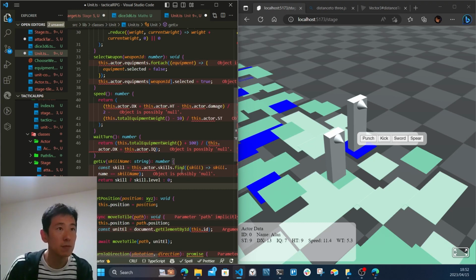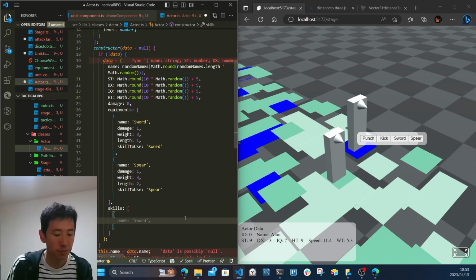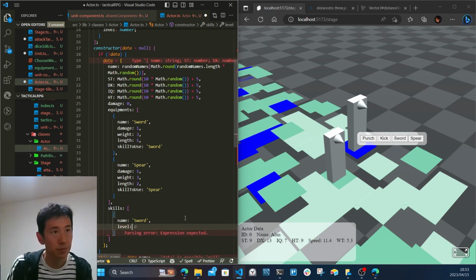Attack skills find skill name, the object is possible. Skill level. Wow. Okay, so skill name sword level. Let's get that number for now.